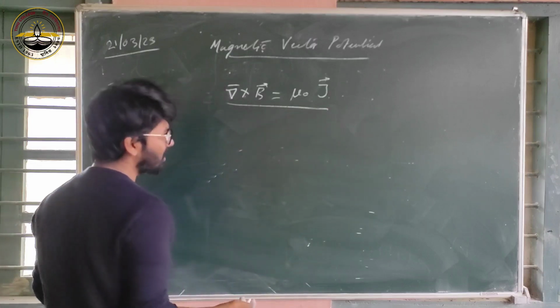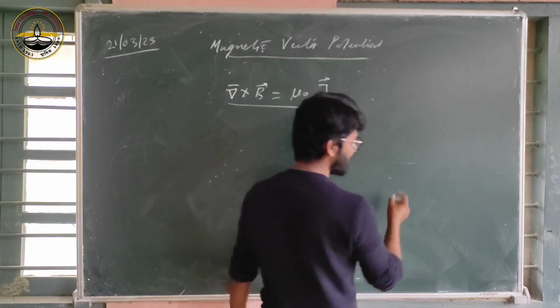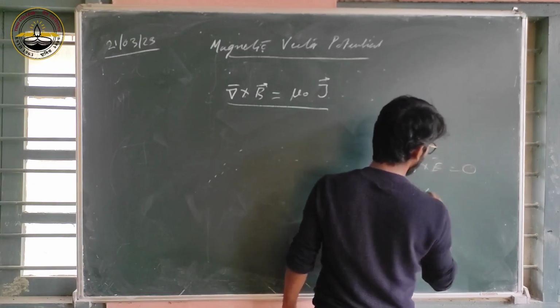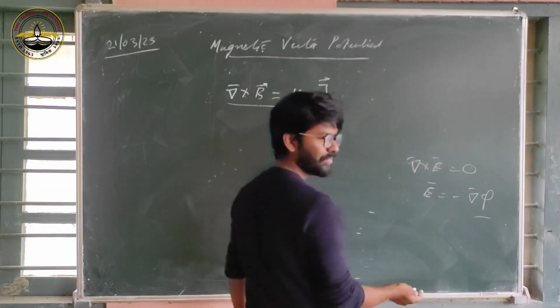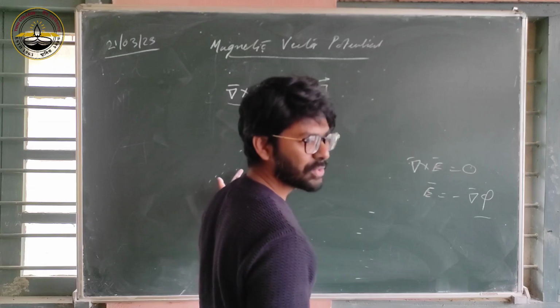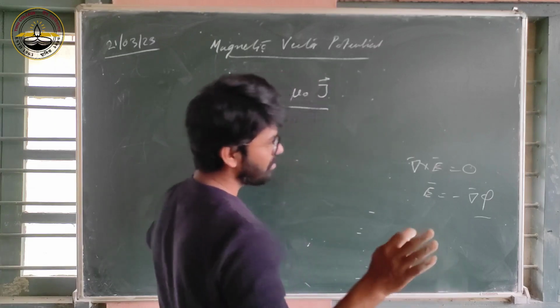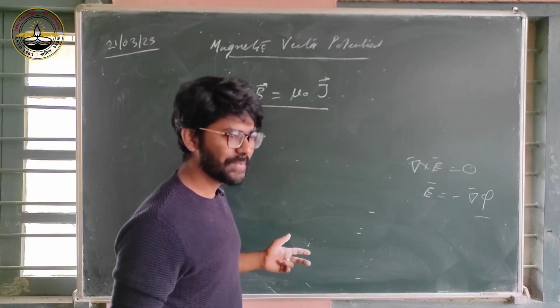Therefore, we cannot apply the same technique as when we saw curl of E equal to 0 and wrote E equal to the gradient of some scalar. Unfortunately, we cannot do this here. We have something sitting here. Unless you had space where there is no current.